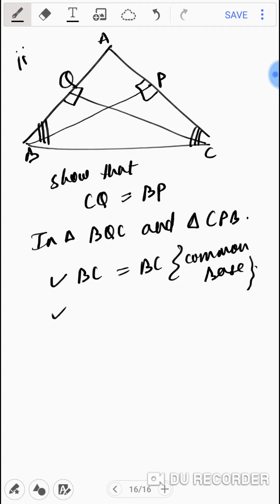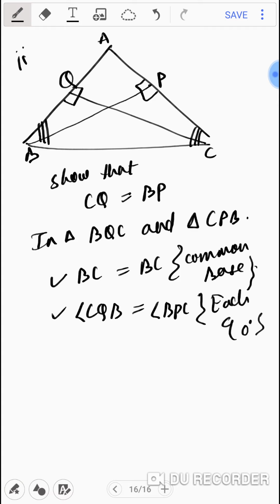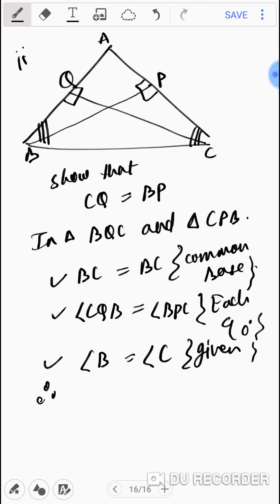Okay, your next reason will be angle CQB is equal to angle BPC. Each is 90 degrees. And then angle B, the entire angle B, is equal to entire angle C because that is given in the problem. So you can say therefore triangle BQC is congruent to triangle CPB.